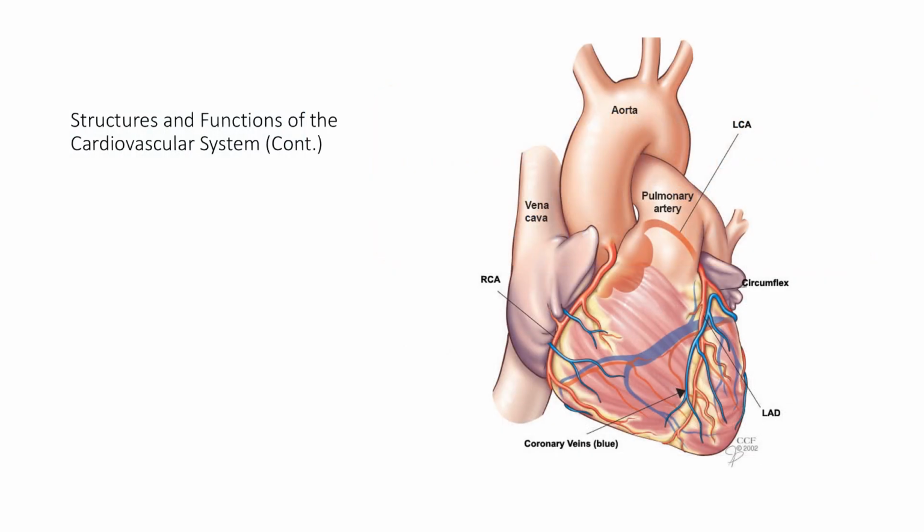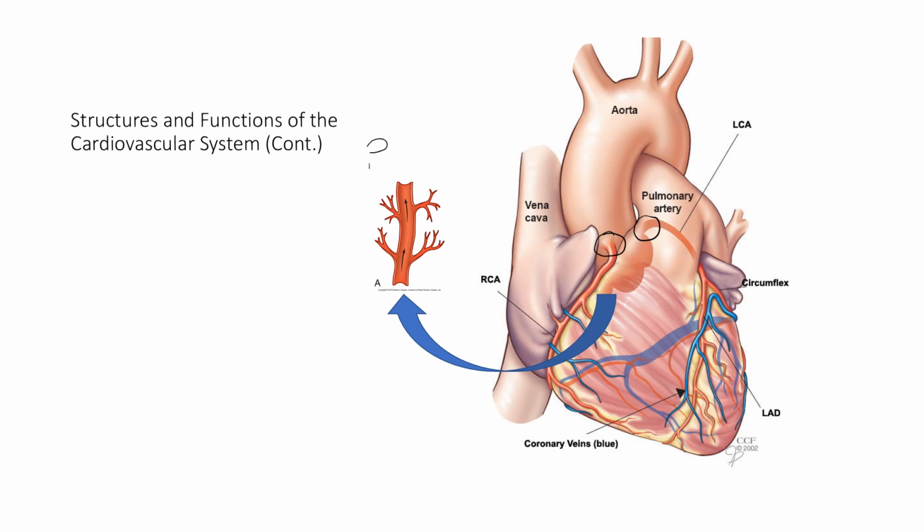What this diagram is showing you is the coronary arteries, which we discussed before. You can see here the right coronary artery and the left coronary artery. We're not really concerned about all of the branches. What we're focusing on is we're now going to take a segment from this coronary artery, and what this is showing you is a coronary artery that is patent.